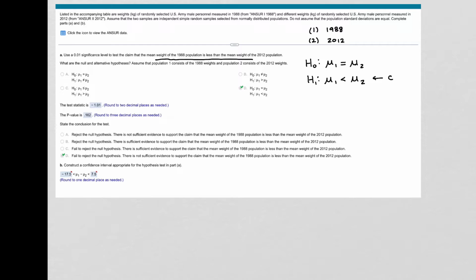Now, because this is about two means, and they are from independent samples, they told us here, independent random samples, we're going to do a two-sample t-test. We're always going to do a t-test. We're never going to do a z-test.